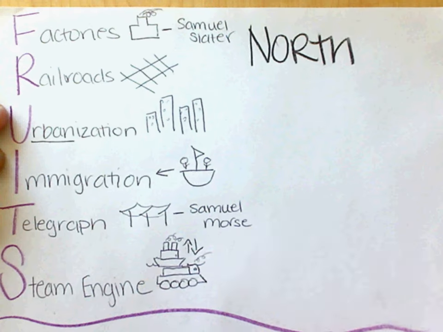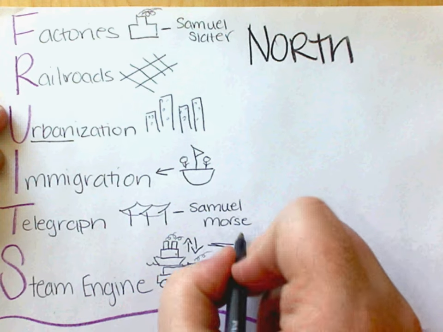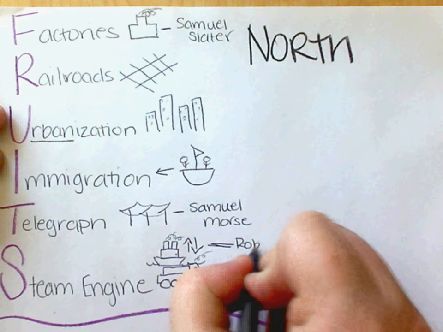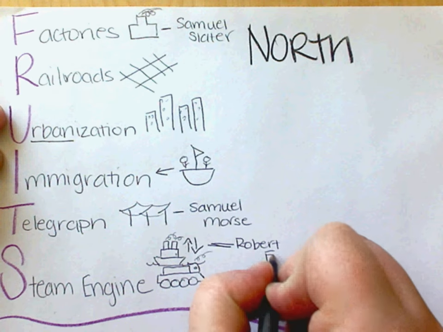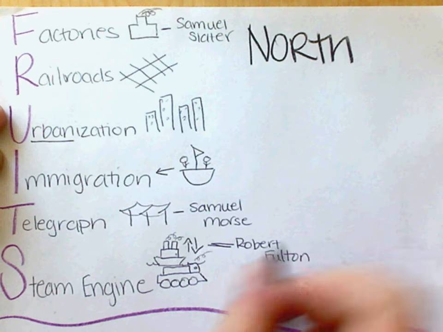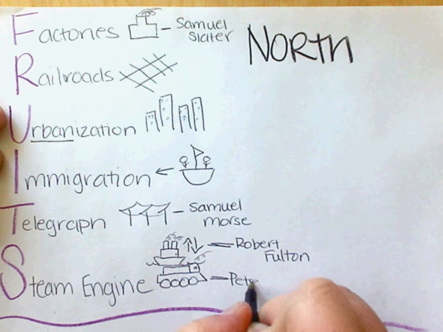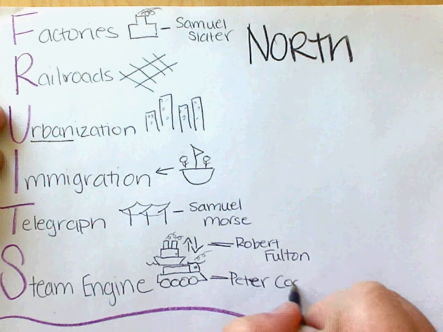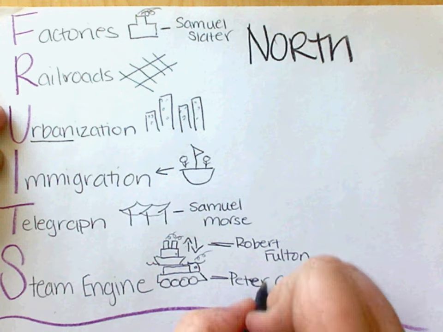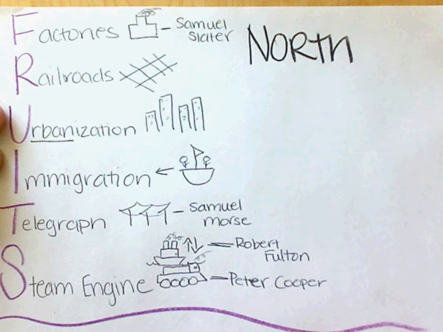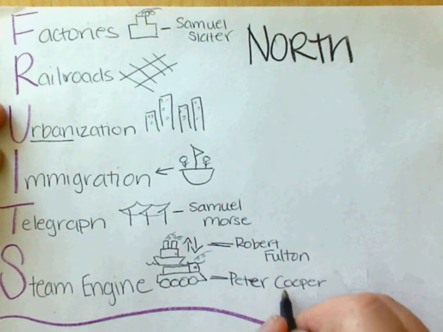And then the steamboat is Robert Fulton. He improves it. And then the steam locomotive is Peter Cooper.